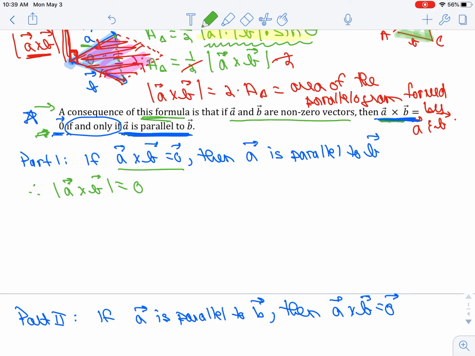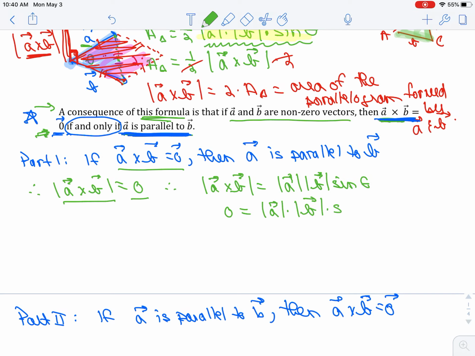And this is because of this formula, that the magnitude of the cross product is equal to the magnitude of A times the magnitude of B times the sine of theta, the angle between them. We know that this is 0, so that means 0 is equal to the magnitude of A times the magnitude of B times the sine of theta.